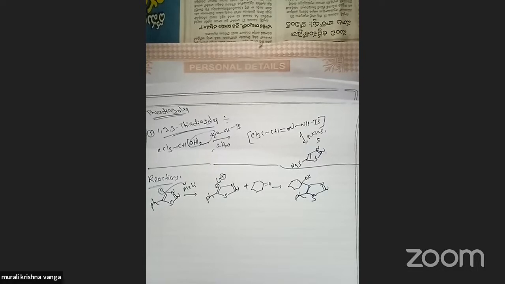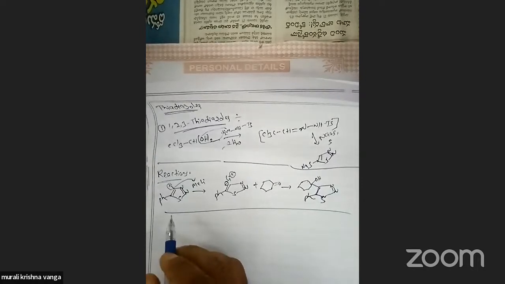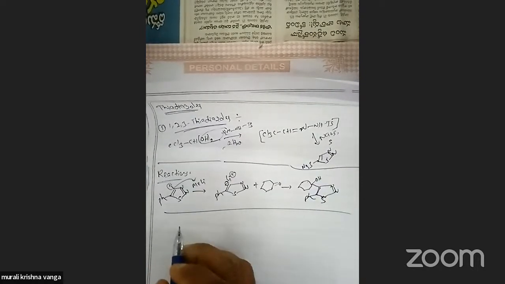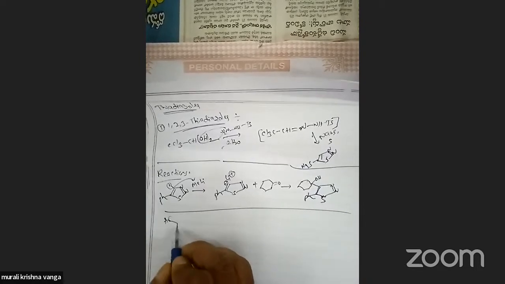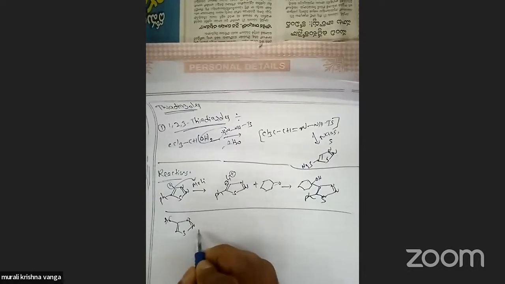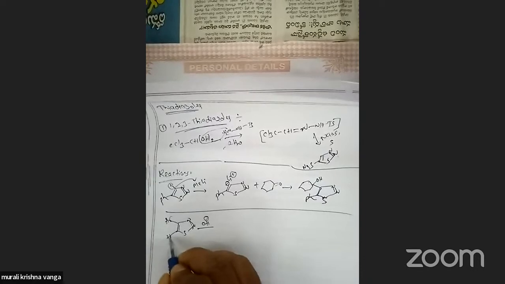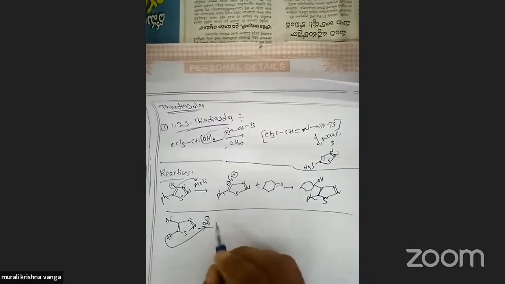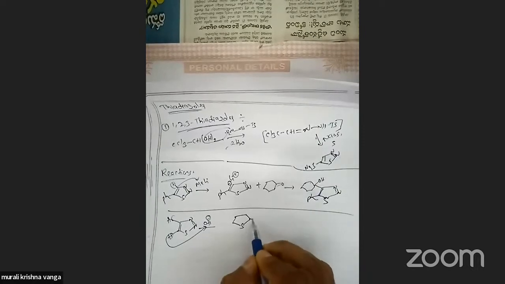If 4-substituted 1, 2, 3 thiadiazoles react with the base, ring opening takes place. When 4-substituted 1, 2, 3 thiadiazoles react with the base, they cause the ring to open.